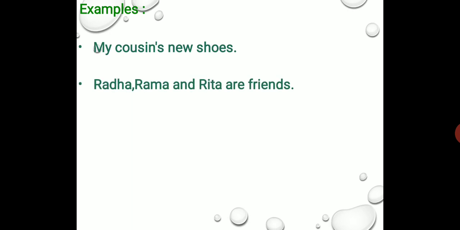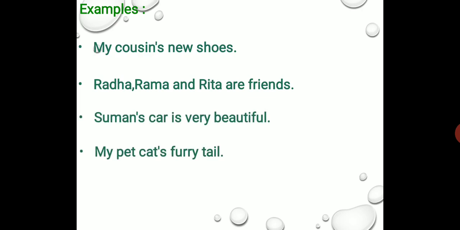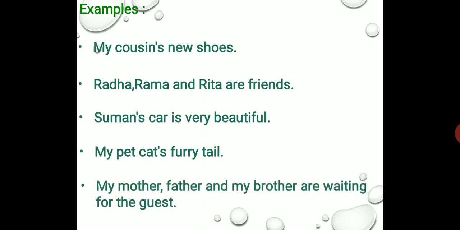Radha, Rama and Rita are friends. Suman's car is very beautiful. My pet cat's furry tail. My mother, father and brother are waiting for the guest. Here, just read all the sentences again.